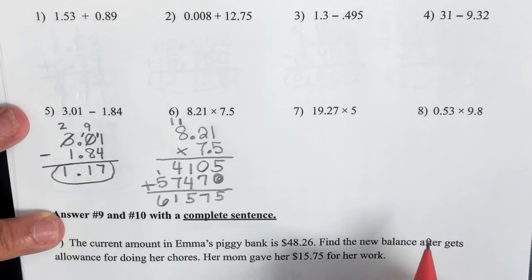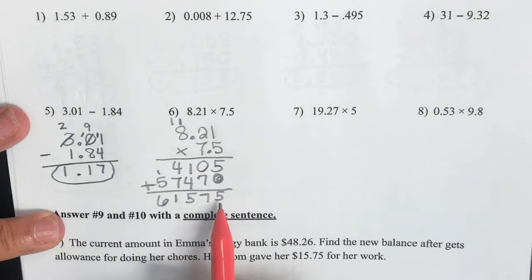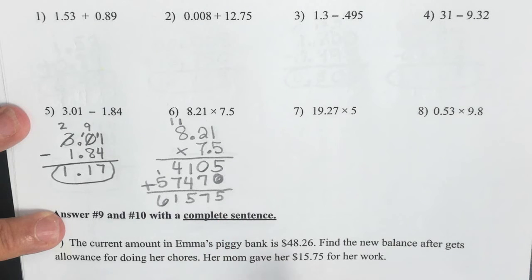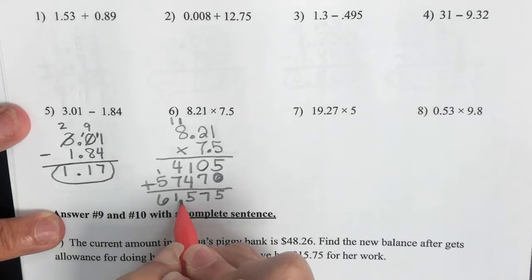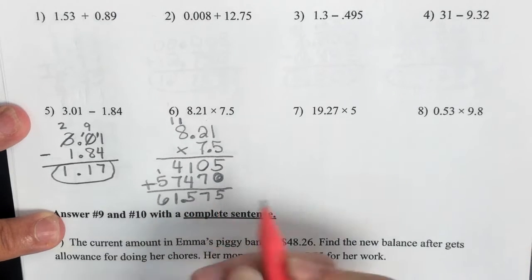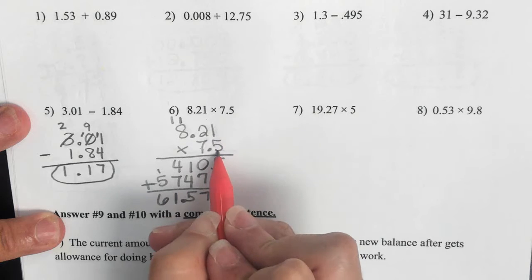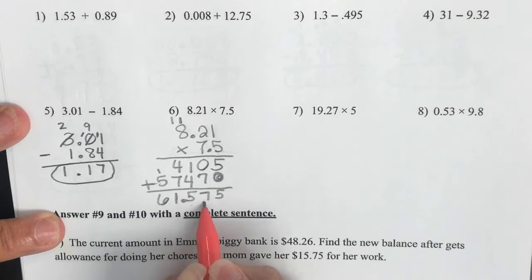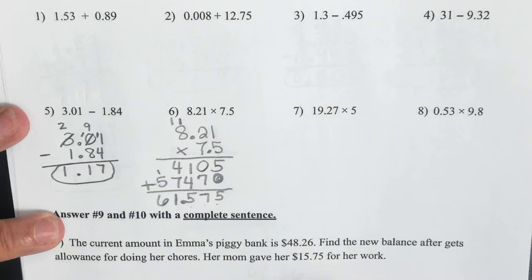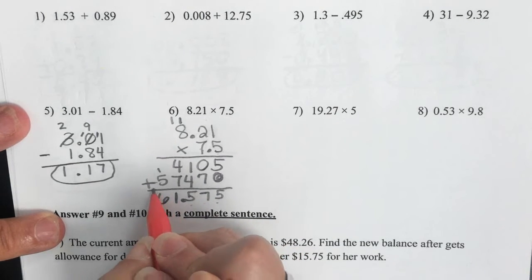Okay. Now, number world, those are the numbers. But how many times should I move the decimal over? 3. Yes. 1, 2, 3. Otherwise known as, if there's 3 numbers up here behind decimals, I need 3 numbers behind it in my answer. The decimal has to be in the right place, guys.